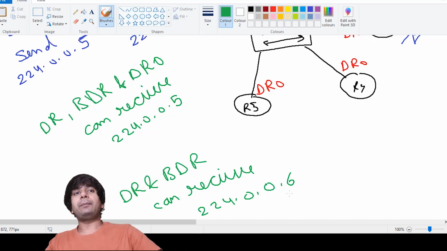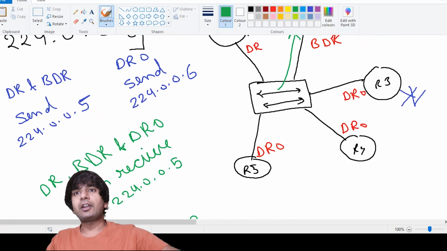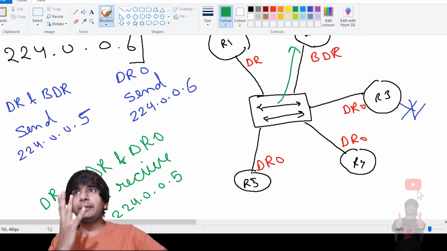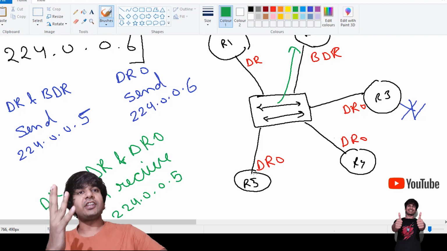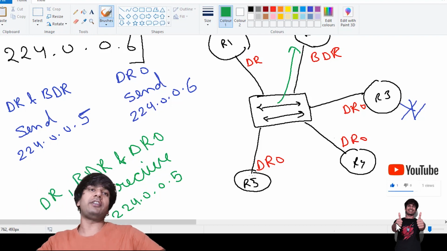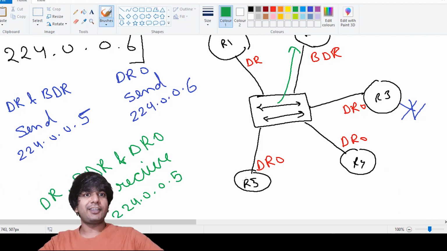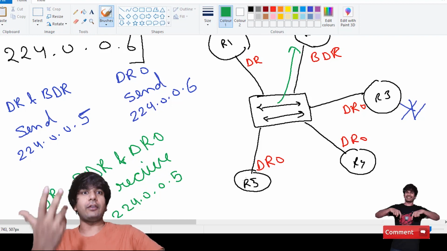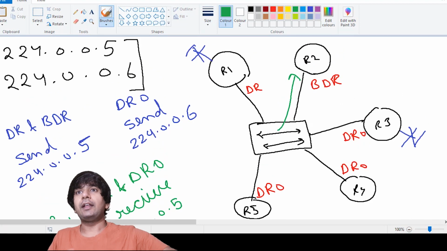Understood? That means a DROther can never accept an update packet with a destination IP address of 224.0.0.6. Please understand me clearly, focus on what I'm saying.